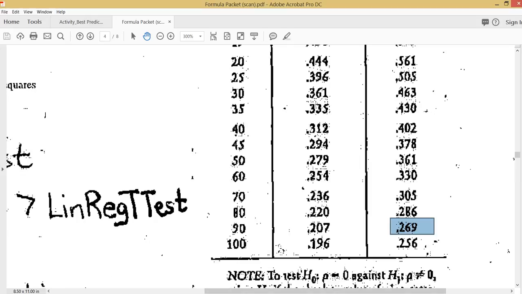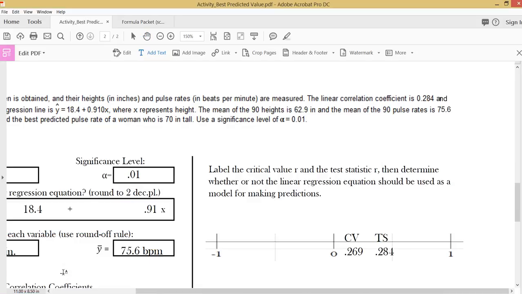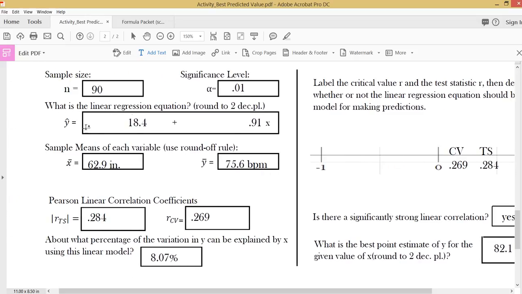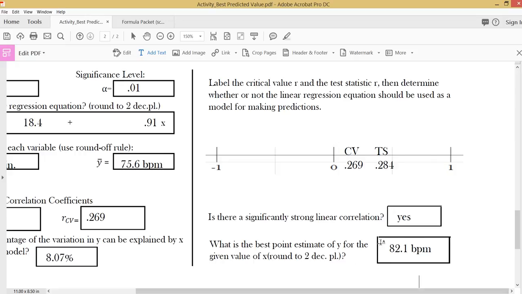And if you can use the line, and you do use the line, you calculate by plugging in the value into the linear correlation line equation, and that'll be your final answer for the best predicted value, right?